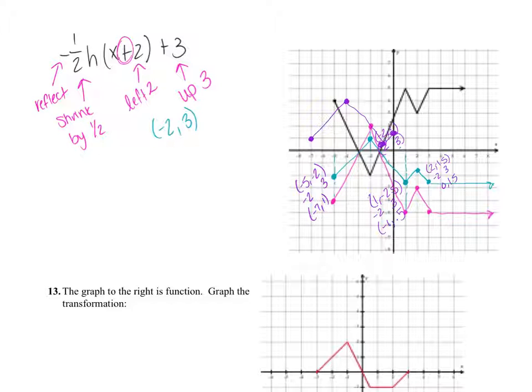And 3, negative 2.5, subtract 2, and add 3. We get a positive 1 and a negative 0.5. And then we go over. So that's how we do transformations of functions.